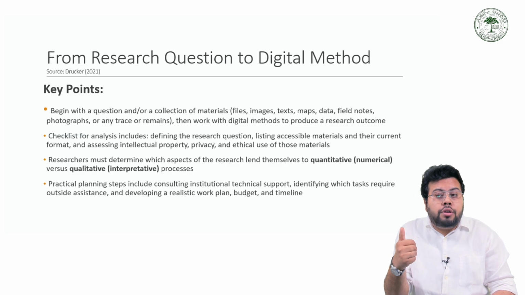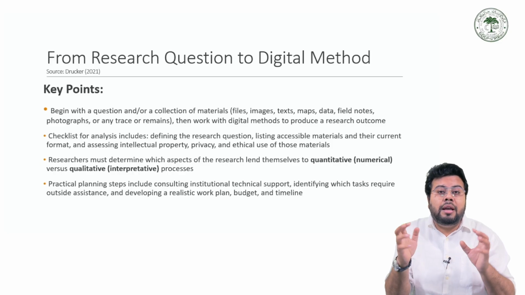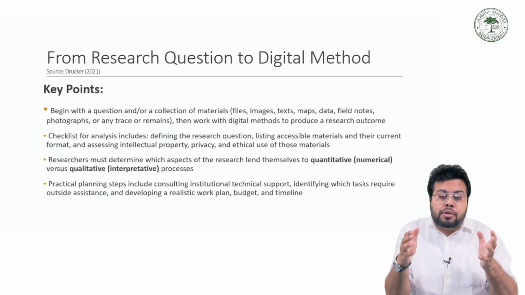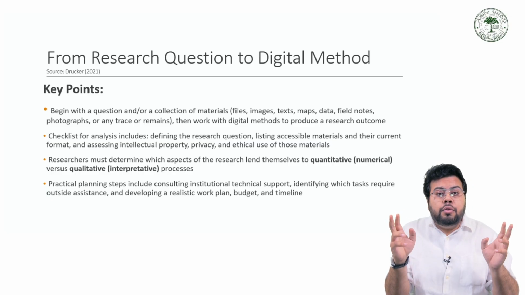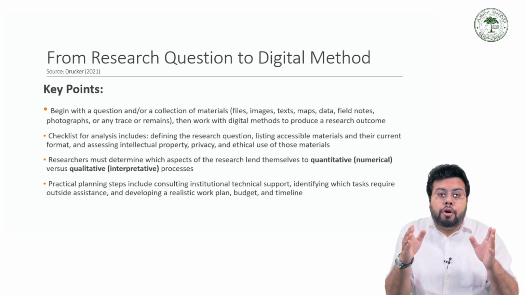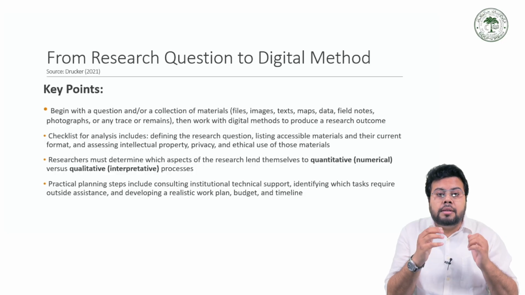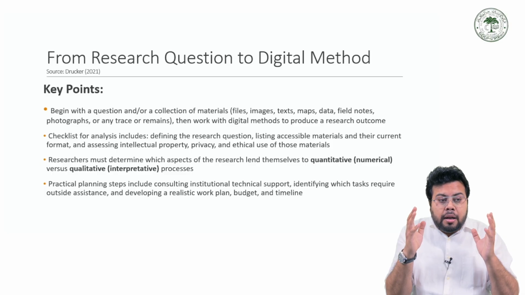Now, this is very important because we don't actually consider the ethical use. Students generally skip these parts, right? Ethical uses are very important and prominent when it comes to digital methods, because everything is there in a spur of the moment, just a click away.